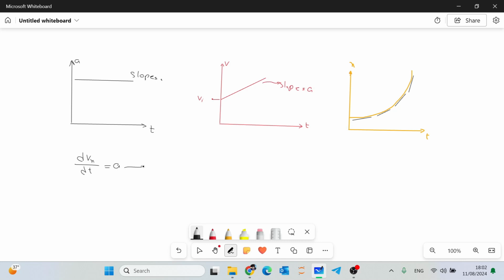If I multiply both sides by dt, a dt, and then take the integral of both sides, integral of a dt, then it becomes vxf minus vxi, because it is from initial to final point, equals a times tf minus ti. And I want to put ti equals 0, tf equals t. So it becomes at. Okay?